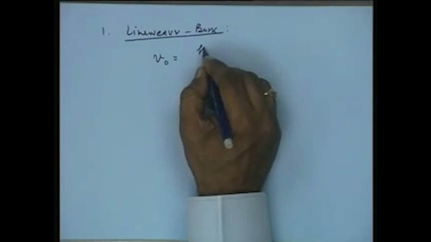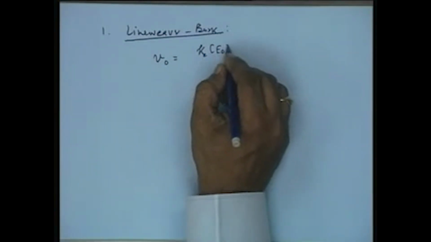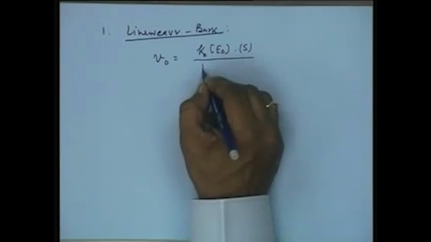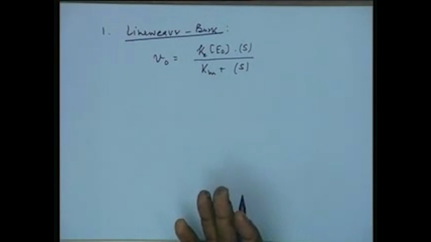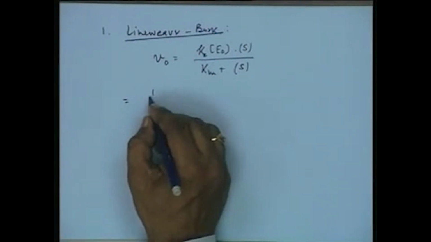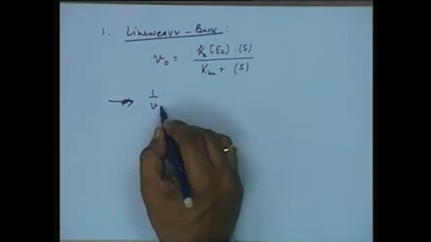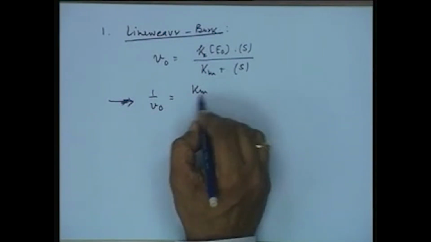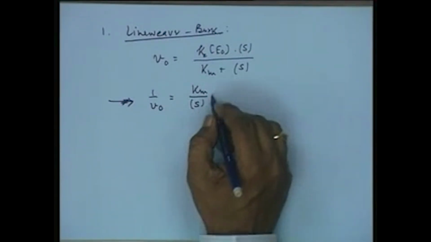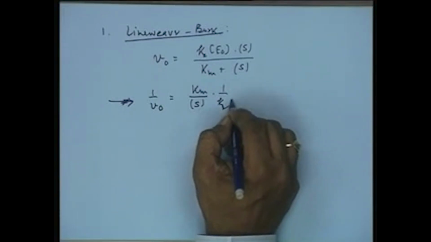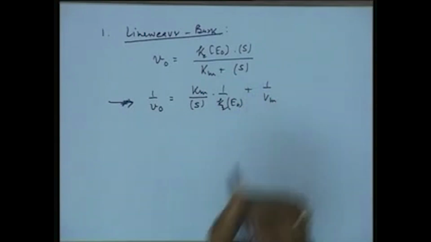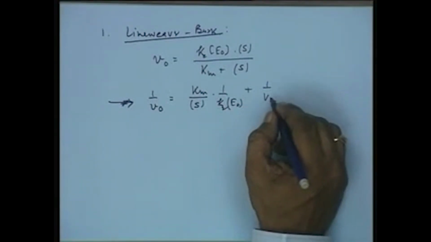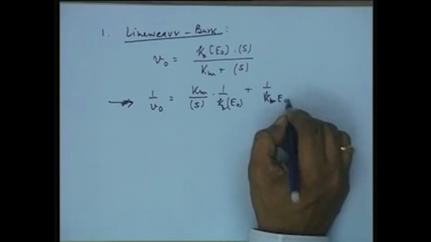You convert your V naught equal to K2 E naught into S upon Km plus S. Take the reciprocal of both sides, and you can write 1 upon V naught equal to Km upon S into 1 upon K2 E naught, plus 1 upon Vm, or 1 upon K2 E naught.